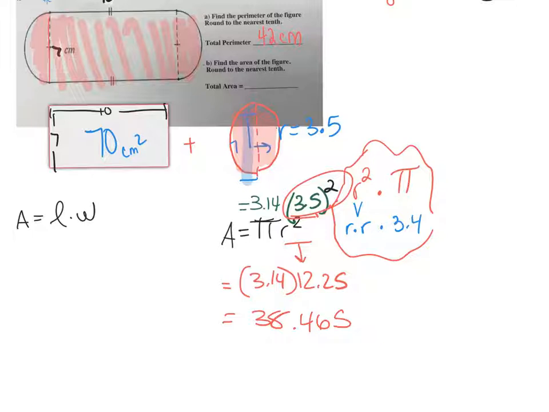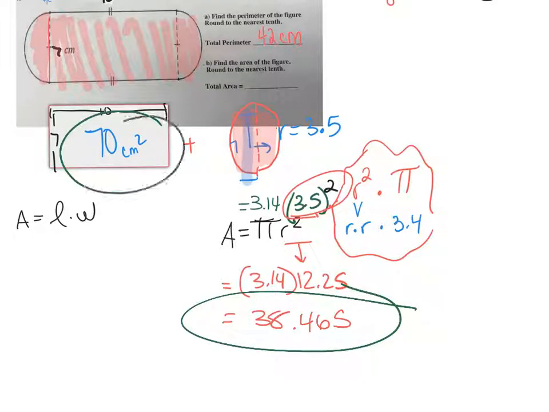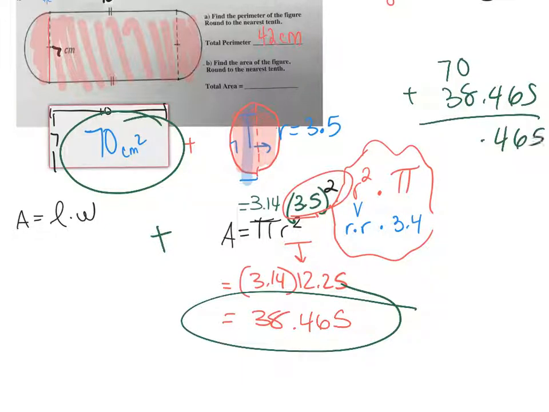Now you're going to add the area of the rectangle plus the area of the circle. So 70 plus 38.465 is going to give you 108.465. Rounded to the nearest tenth means you look at the 4.